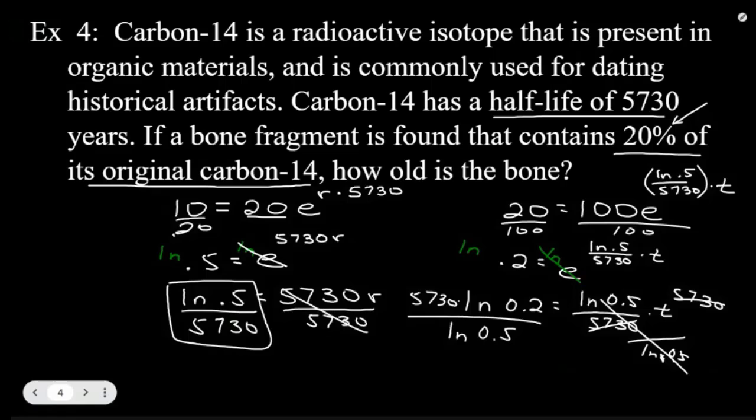Okay. And again, at this point, just be careful with your parentheses on these. Let's see what we get. 5,730 times natural log of 0.2 divided by natural log of 0.5. And it looks like we're getting about 13,300.